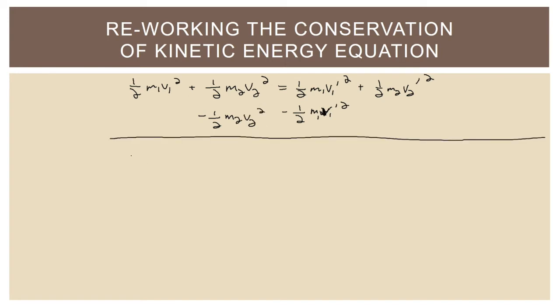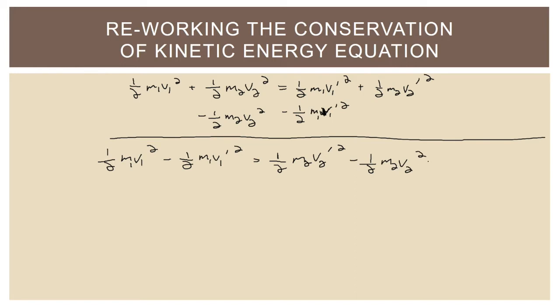When we do that, we end up with 1 half m1 v1 squared minus 1 half m1 v1 prime squared, and we set that equal to, notice this is a positive one, 1 half m2 v2 prime squared minus 1 half m2 v2 squared. So now we've gathered the 1s and 2s.